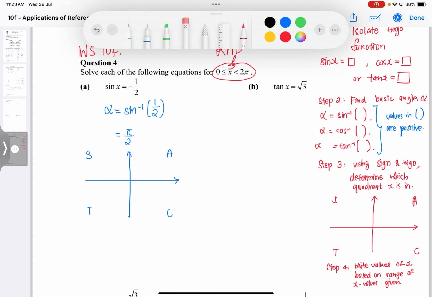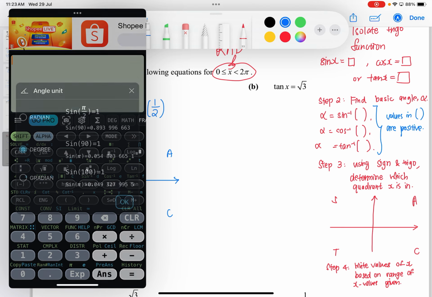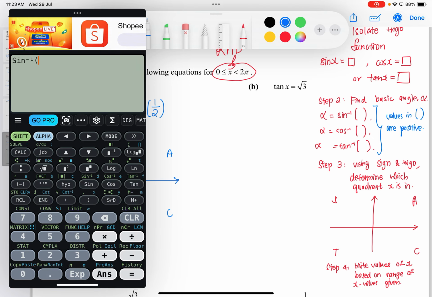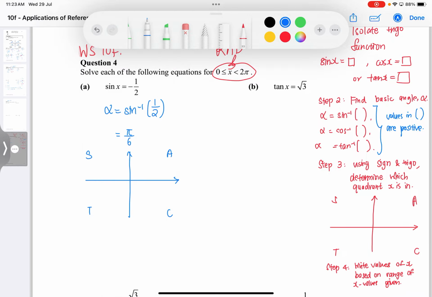Sorry. Sine inverse of half is 30 degrees, and 30 degrees changed to radians is pi over 6. So pi over 6.